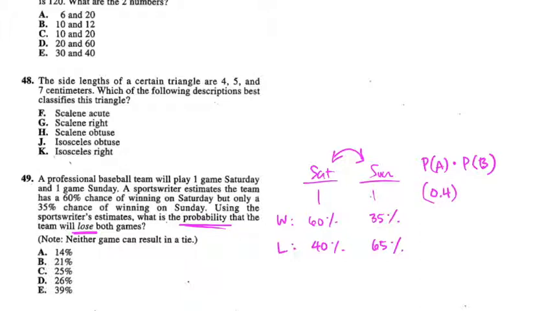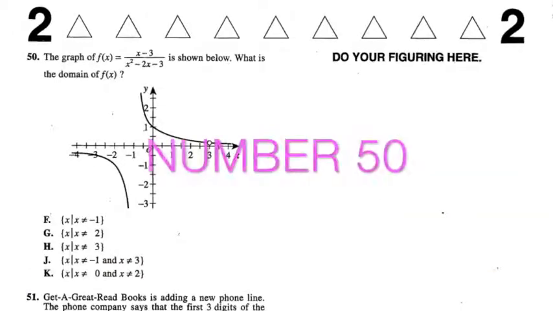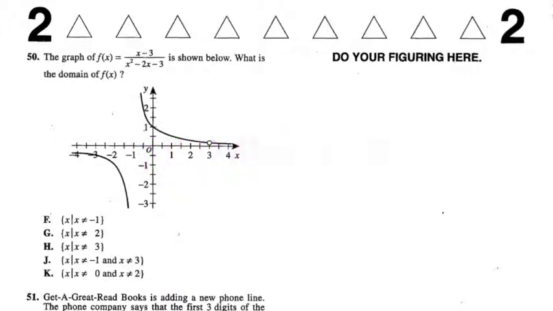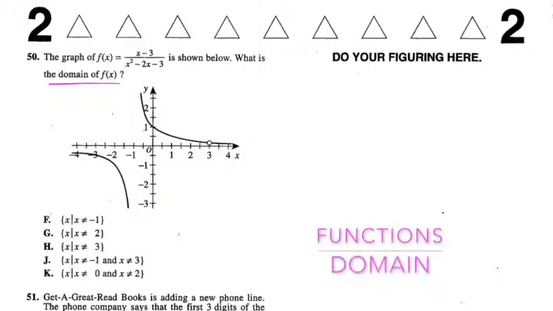And the probability that this team will lose on Sunday is 0.65. When we multiply them together, we get 0.26, which is 26%. The answer is D.